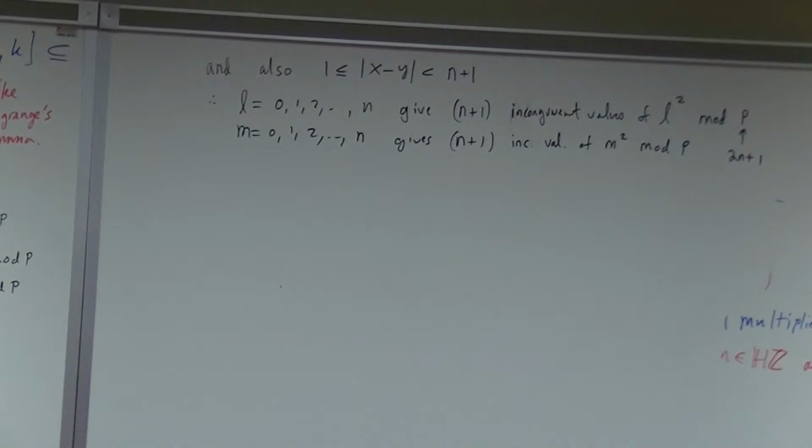Bad day for spelling. Do we believe that? I believe that if we have proved that x squared is incongruent to y squared mod p, I think we've shown that. I don't think x can be congruent to y either.